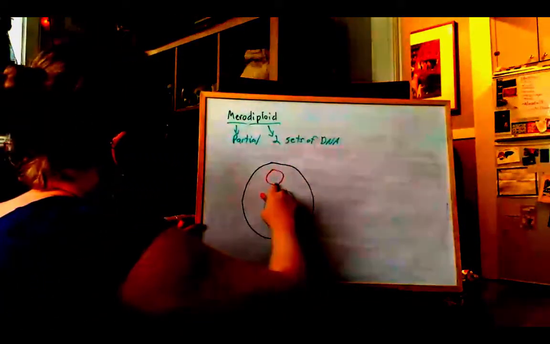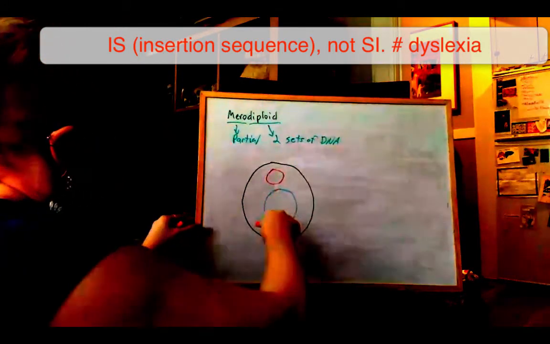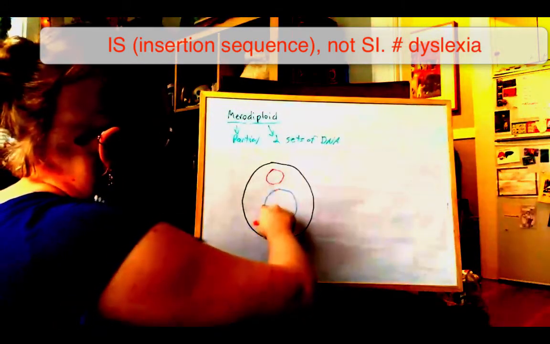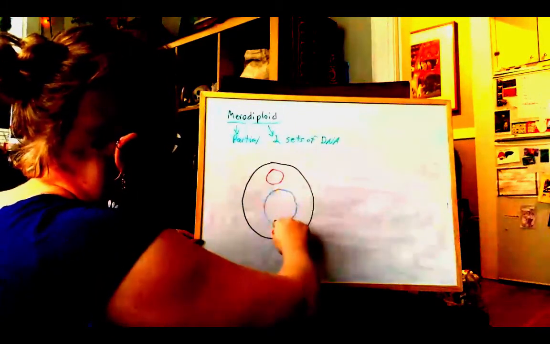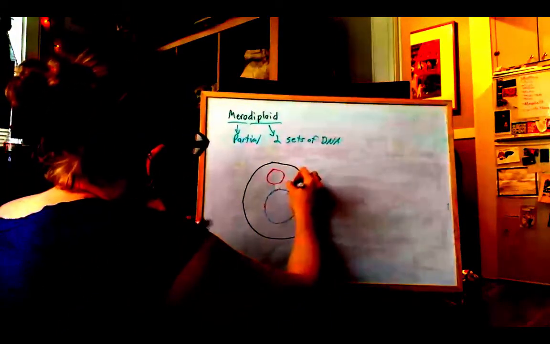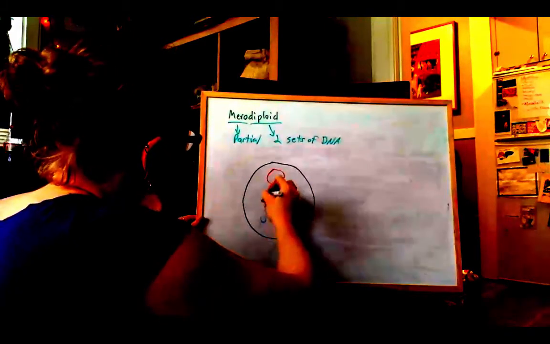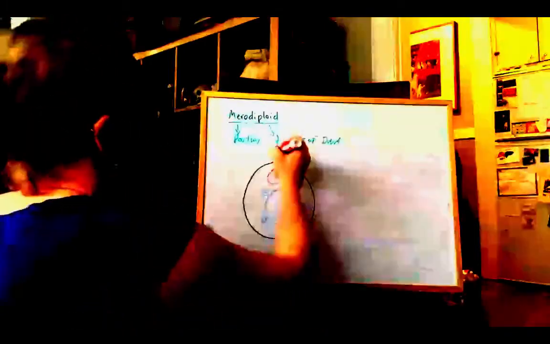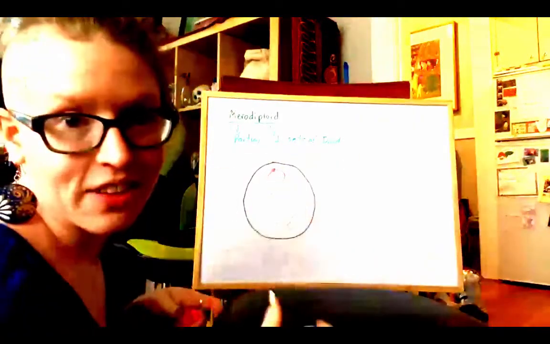Our F factor has an SI region, and so does this DNA. But it has a bunch of SI regions, as we've talked about in the past. It also has a bunch of letters. Let me draw some letters in. A, B, C, D, E, and F.